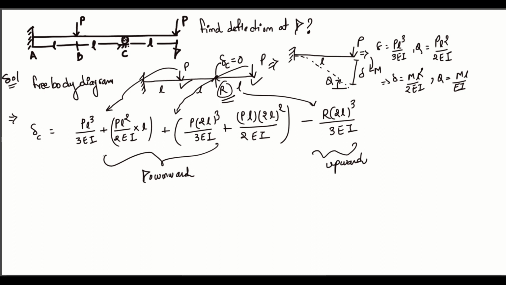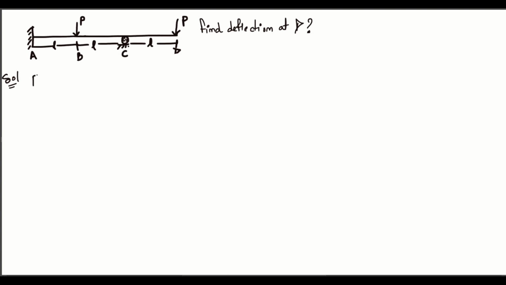So total deflection at point C will be 0, and we have R is equals to, now we have the propped reaction, which is 2.06P. Okay, and if I draw the free body diagram again, P is here and there's R 2.06P and P also here. This is L, this is L, this is L. Okay, and this is point D.